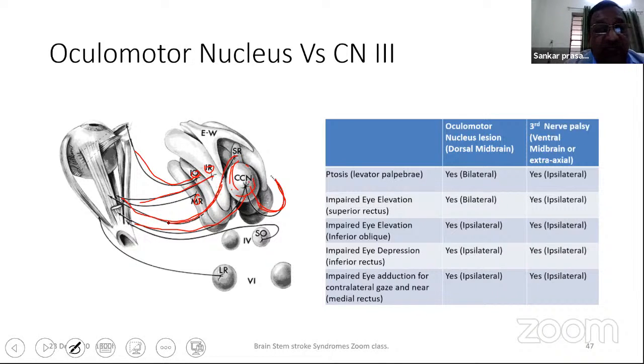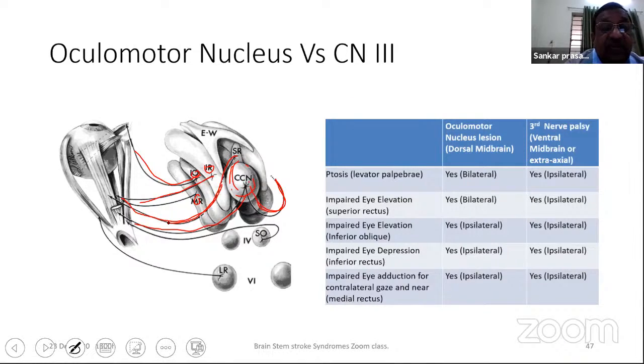So eye muscles, there are 6 of them: superior and inferior rectus, medial and lateral rectus, superior oblique and inferior oblique. These 6 muscles you should remember, except the superior oblique, supplied by the trochlear nerve, and lateral rectus by the abducens nerve. All others are supplied by the third cranial nerve, that is medial rectus, inferior rectus, inferior oblique and superior rectus.